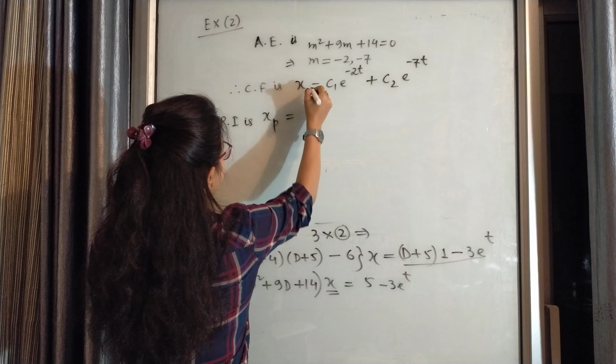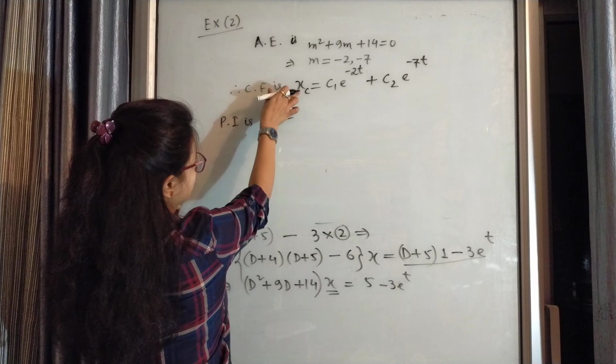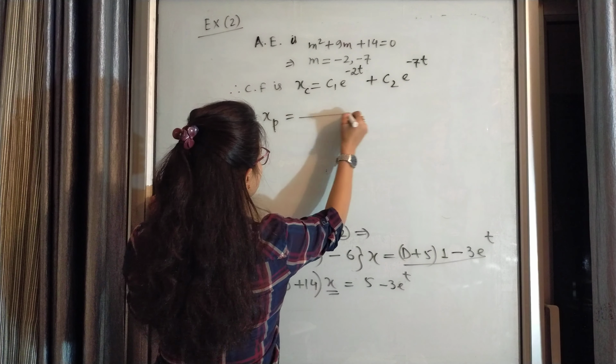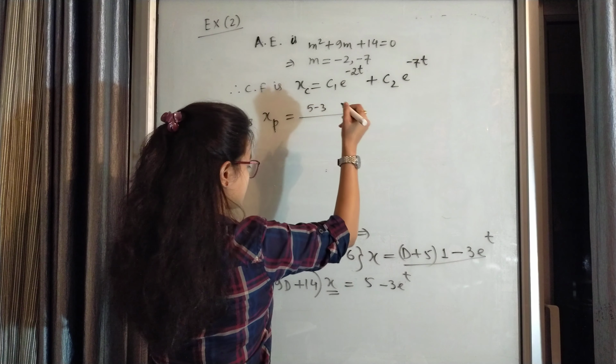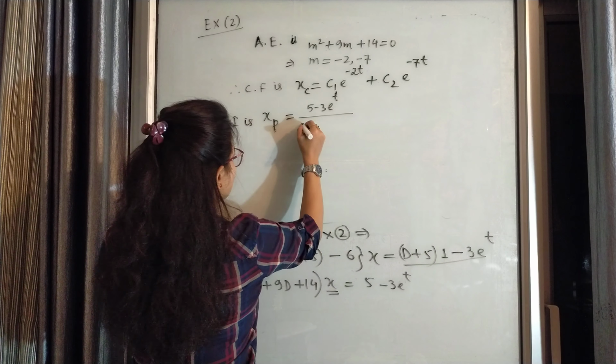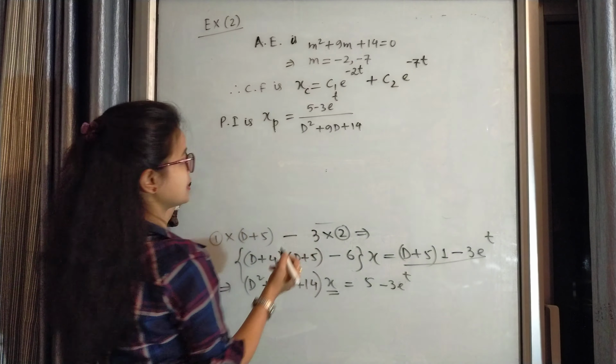Say xc is the complementary function, and the particular integral I am taking here as xp, so it is equal to 5 minus 3 e to the power t divided by D square plus 9D plus 14.